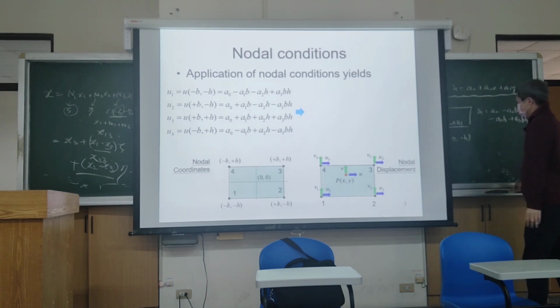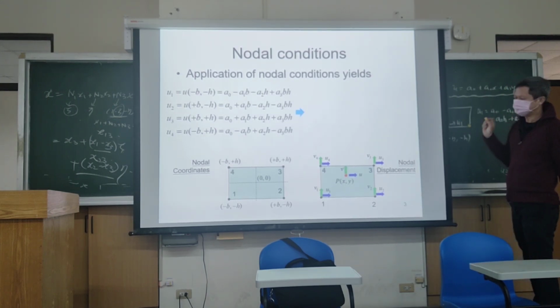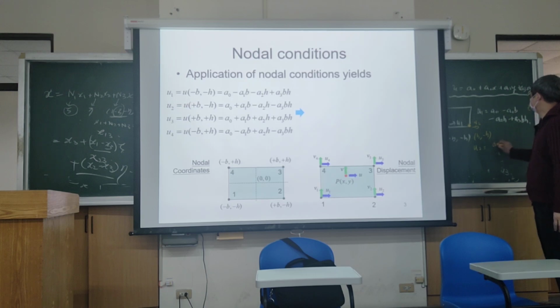Then next, you write the second nodal condition. Node 2 has displacement u2 and is located at plus b and minus h. And then this u2 is equal to a0 plus a1b minus a2h minus a3bh.